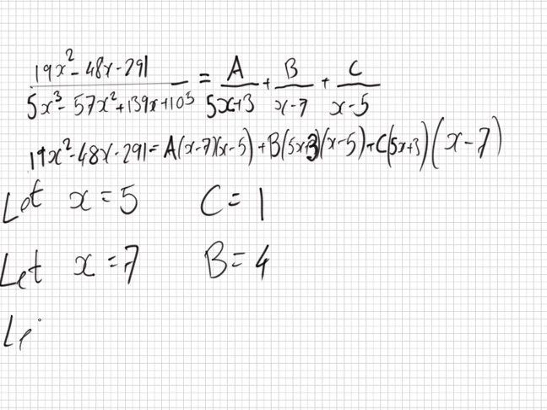Okay, now the last one I'll just put let x equals 0. So I'll get minus 291 minus A, which I don't know, sorry, minus B, which is 4 times 3 times minus 5, and then minus C, which is 1, and then 3, and then minus 7.